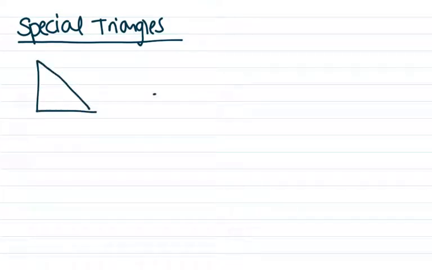So the first thing we talked about in this chapter was special triangles. And those special triangles were the 45, 45, 90. And on the 45, 45, 90 triangle, the two side lengths that are equal are 1 unit, and the hypotenuse is root 2.